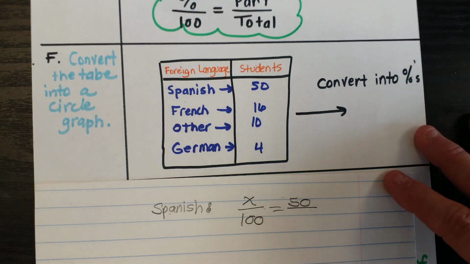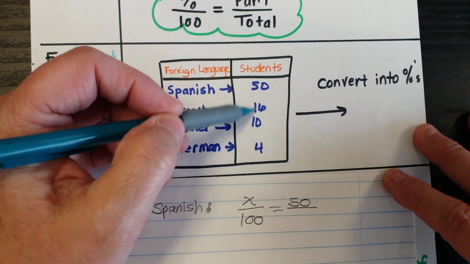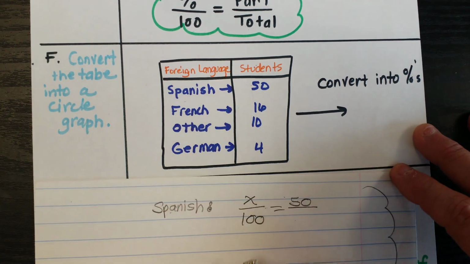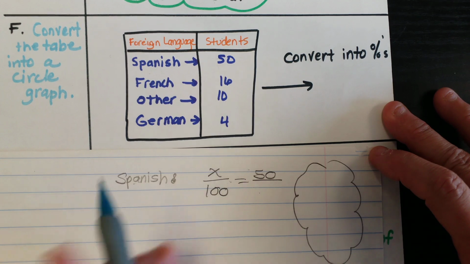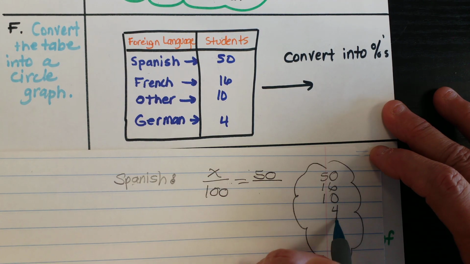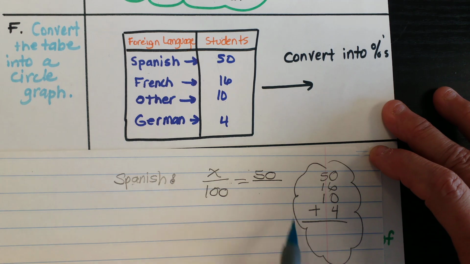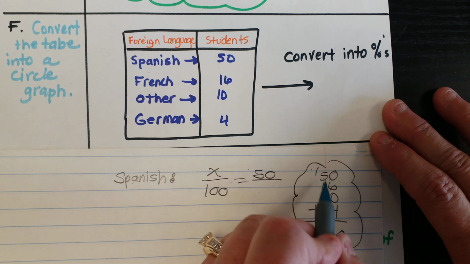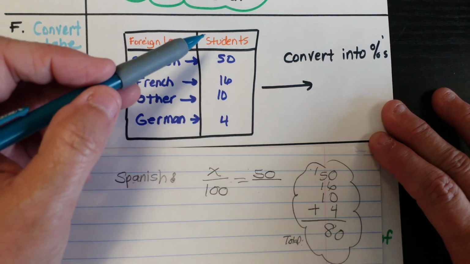So to know the total, we're going to have to add all of these up. We're going to add 50 students plus 16 plus 10 plus 4. So to get my total students, we're going to go ahead and add to get 10, carry a 1, 5, 6, 7. There's 80 students total in this data.